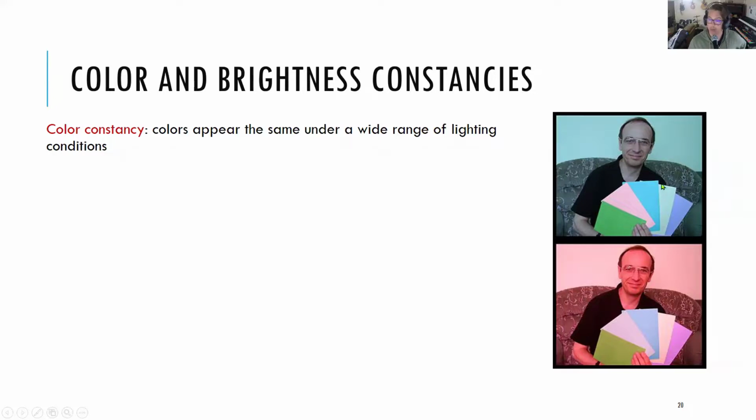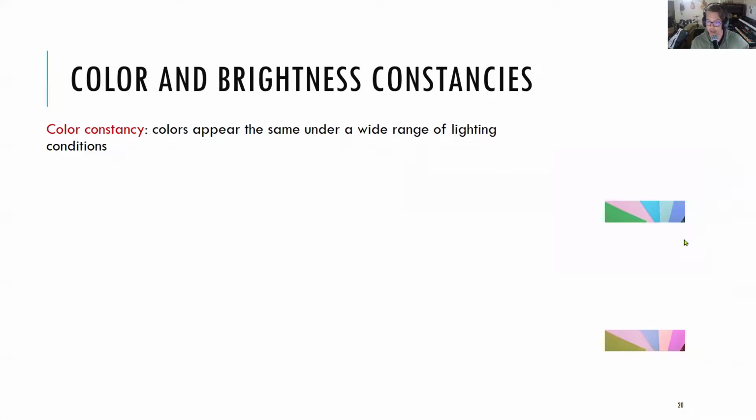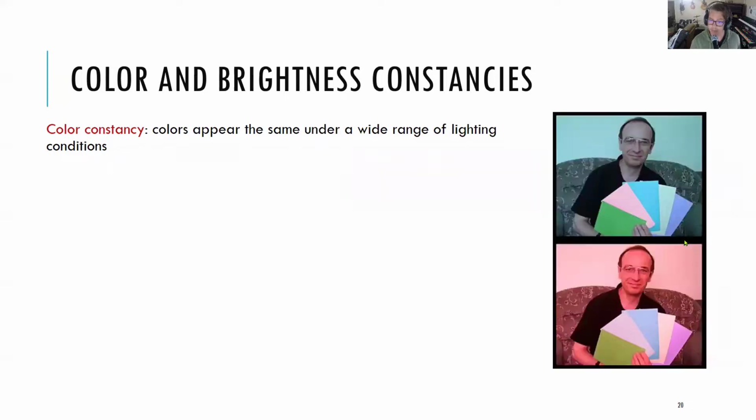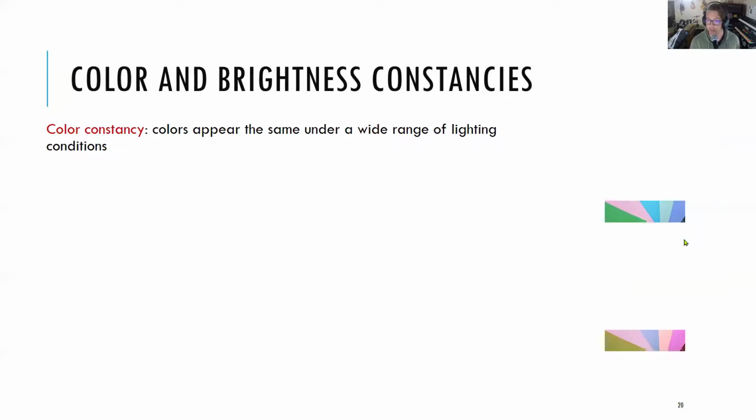Similarly, with this one, we're looking at each of these, and watch this. I'm going to hide the context, so you're only looking at the paper now. And when we have just these isolated images, we can see, well, these are not the same colors, not really, but in context, our brain interprets them as the same. Or as pretty close.